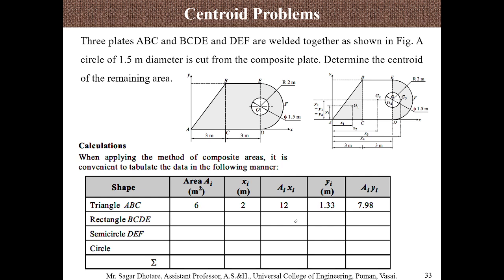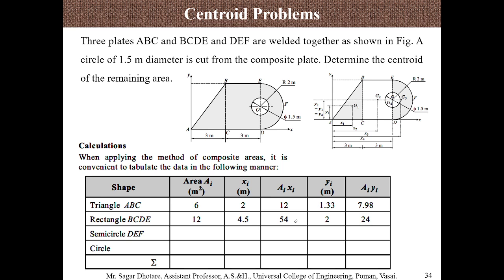Now for the rectangle, we know the width and height, that is 3 meter width and 4 meter height. Based on the previous equations which we have standardized for area, x coordinate and y coordinate, we have calculated the values which are required.